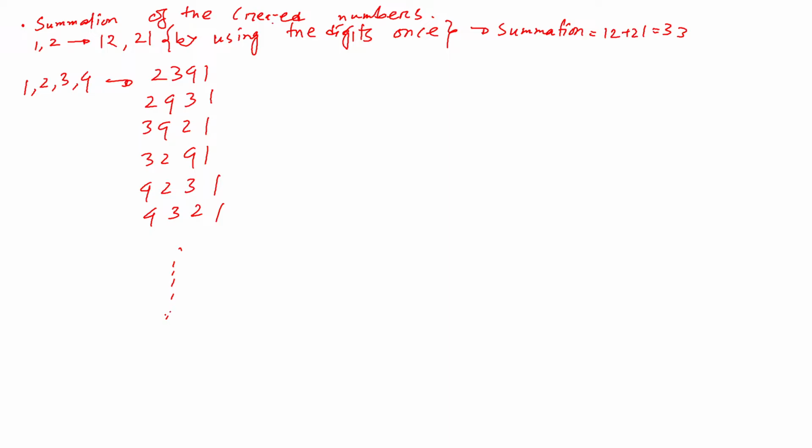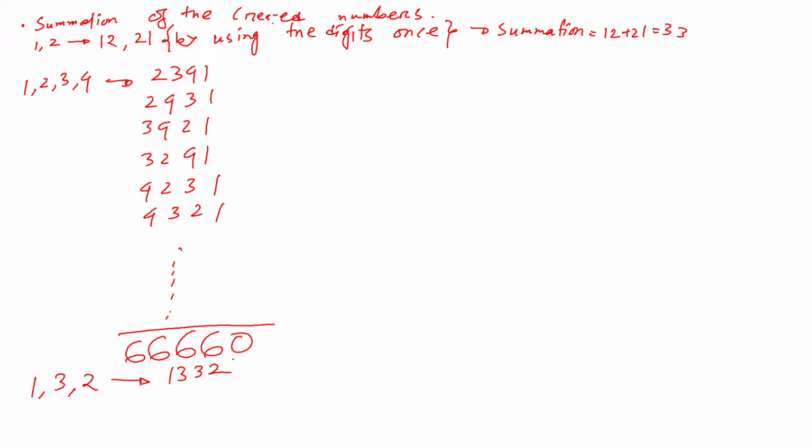I'm not writing all of them. Eventually the total you will get is 66,660. Now again, whenever we are working with three digits, 1 3 and 2, we will get a total of 1332.